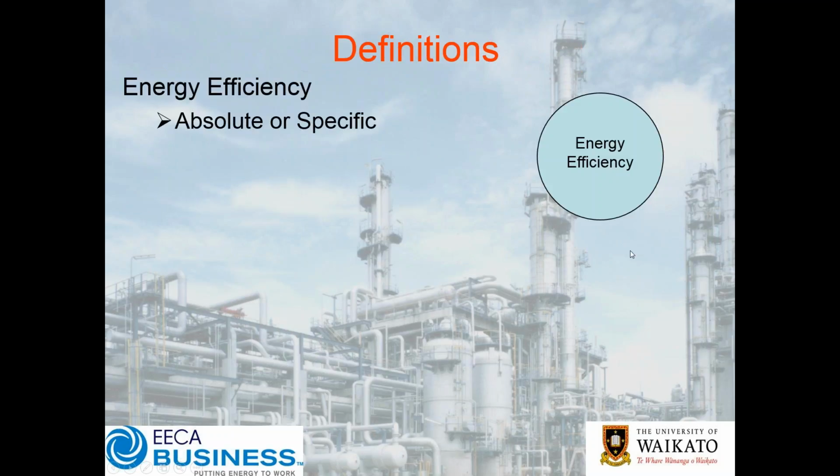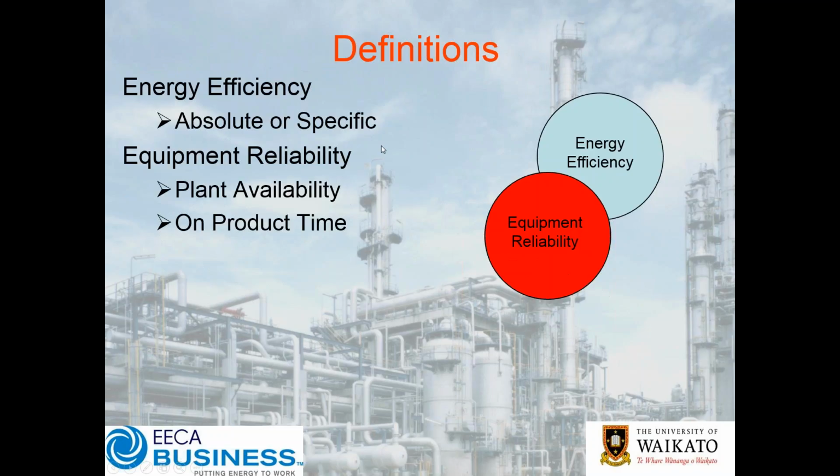Okay, so as we look at the system as a whole, what we want to really draw our attention to is understanding that when we talk about energy efficiency, we're talking about the absolute energy efficiency of individual components, but then also the specific efficiency of the system.